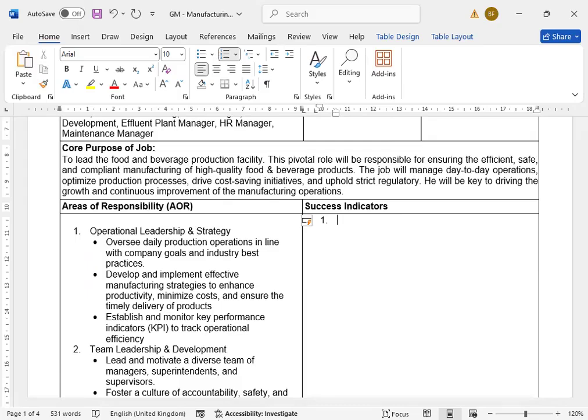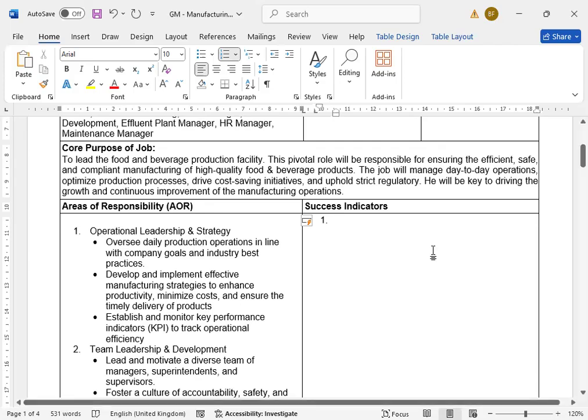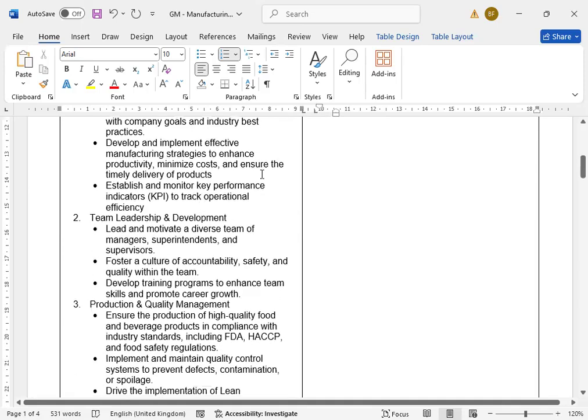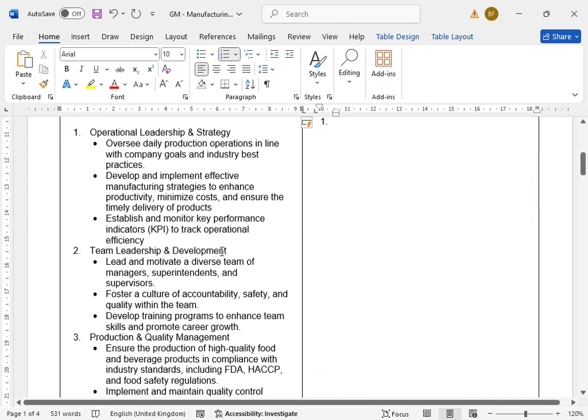What I'm going to do is put a corresponding success indicator for each number, like success indicators for operational leadership and strategy, success indicators for team leadership and development, and so on. I think that would be better.